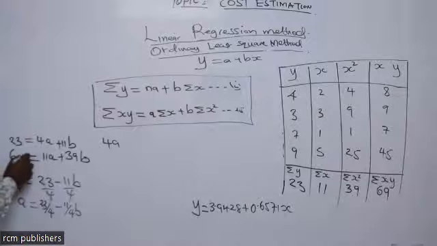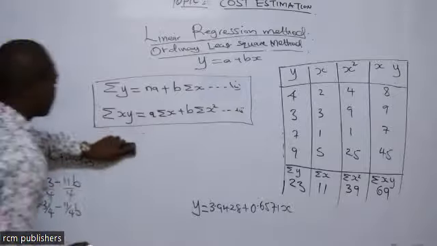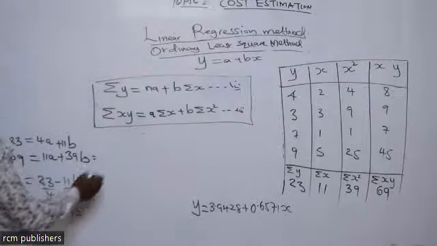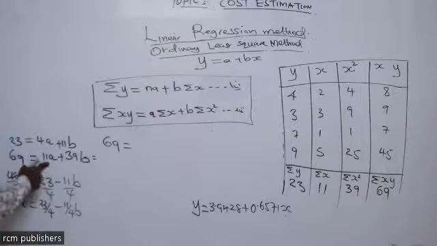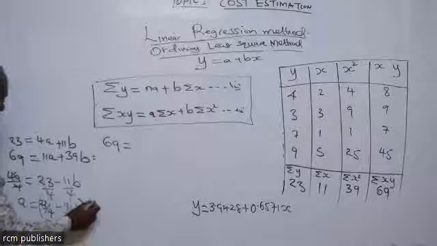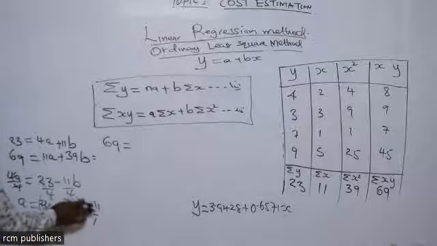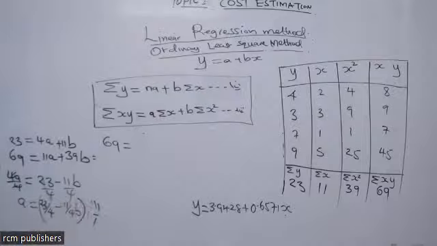So the first thing that I'm able to see here is, now I come to this second equation and say 69 is equal to 11A. And what is my A? This is my A. So the whole of this multiply by 11 over 1. The whole of that multiply by 11 over 1.